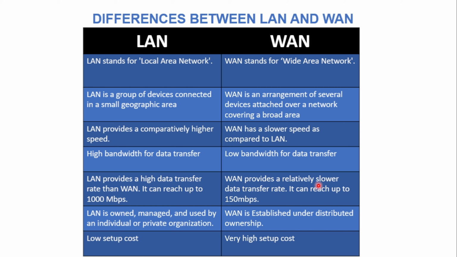WAN provides a relatively slower data transfer rate. It can reach up to 150 megabits per second. LAN is owned, managed and used by an individual or private organization, while WAN is established under a distributed ownership. Setting up a LAN costs you lower, while setting up a WAN costs you very high.